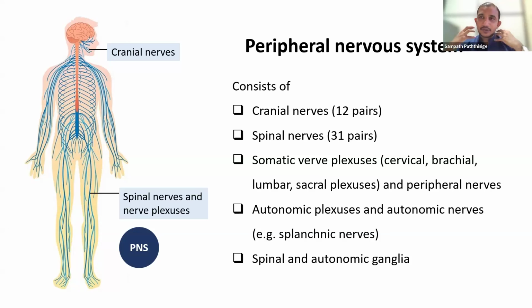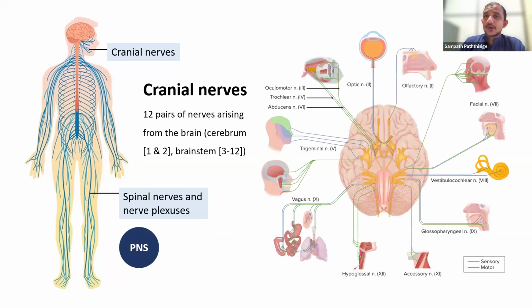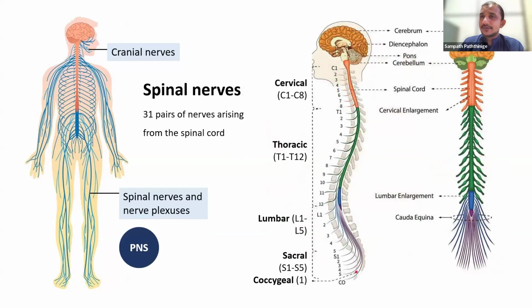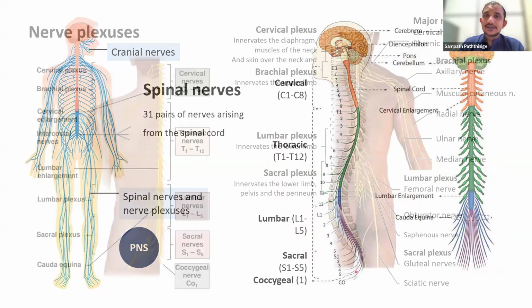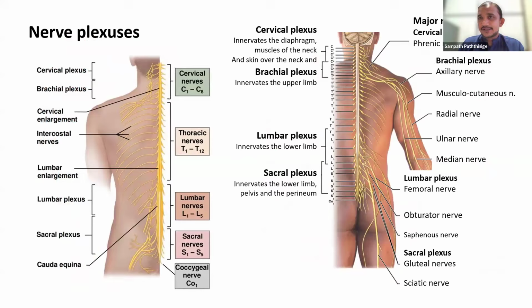You have learned about the brachial plexus, cervical, brachial, lumbar, and the sacral plexuses, right? And also a lot of autonomic plexuses as well as the different ganglia, right? So we'll very briefly talk about cranial nerves later, right? So then the spinal nerves, the 31 pairs. You know how they are arranged, and the different nerve plexuses. All these are the components of the peripheral nervous system.